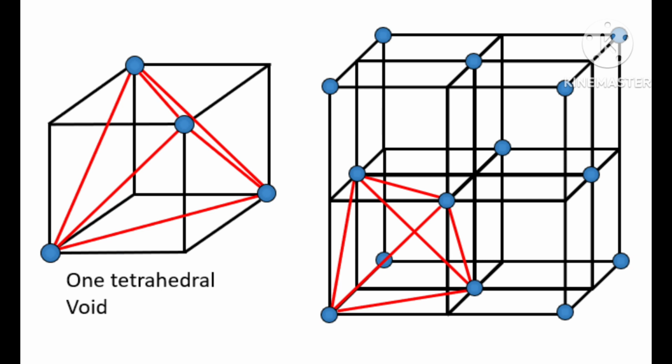For this, you have to understand the CCP lattice, CCP or FCC, cubic close packed or face centered cubic. Here the unit cell is divided into 8 small cubes.